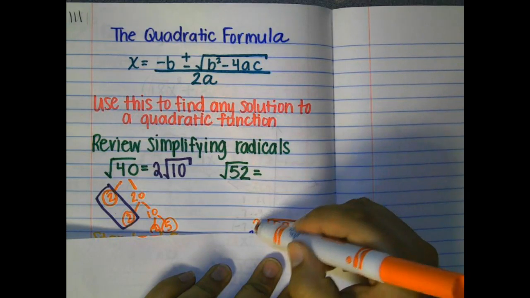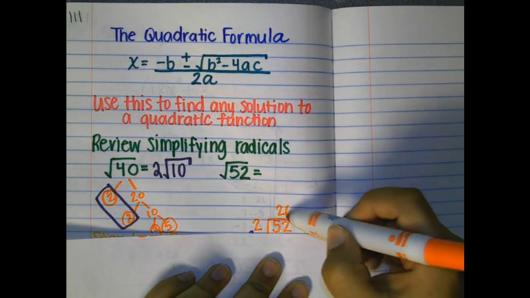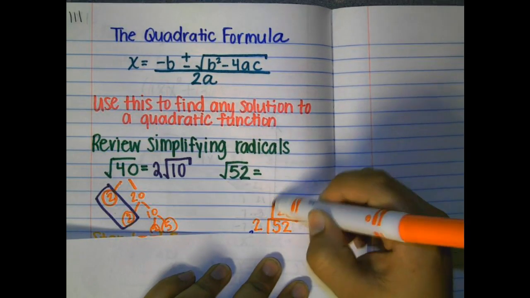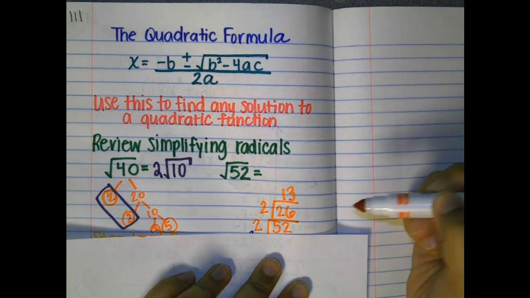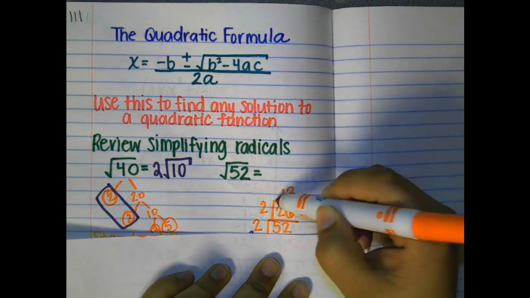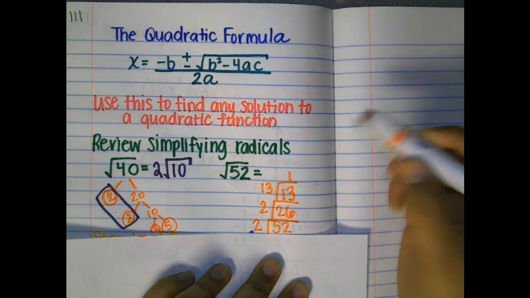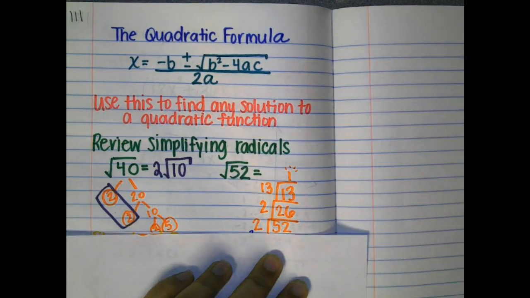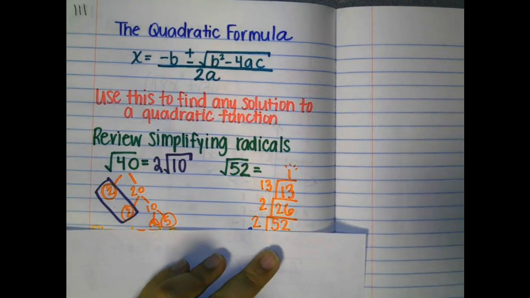So if I divide this by 2, I get 26. I can divide that by 2 to get 13. And 13 is a prime number, so I can divide it by itself and get 1, and that's my birthday candle. Then you look for the pairs of numbers.